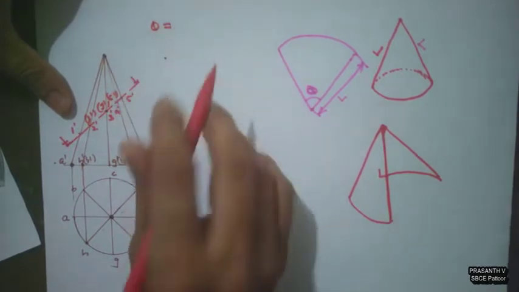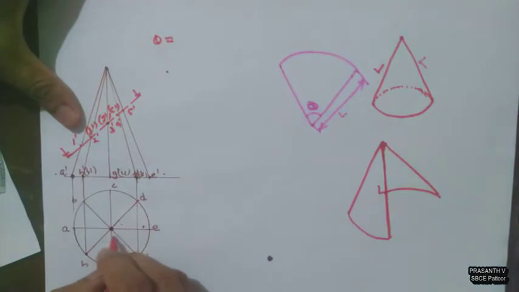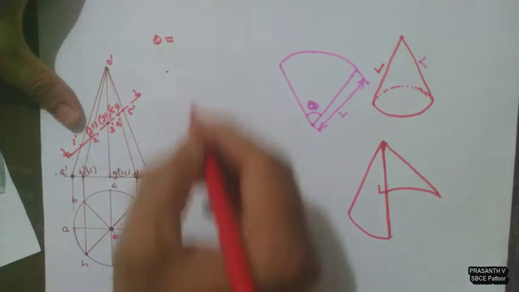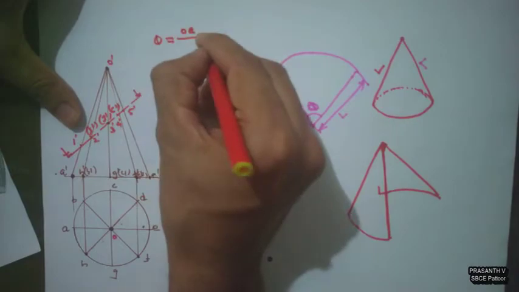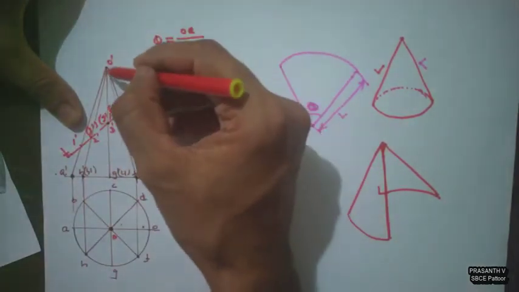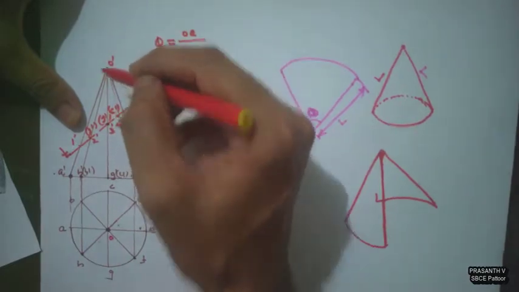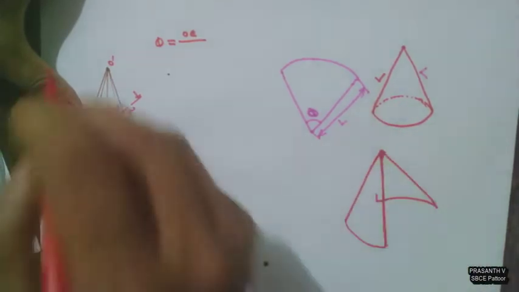Theta equals the radius of the circle OE. Here the radius of the circle is 25 mm. I am writing OE, that is the radius of the circle in top view, divided by the length of the end generator, which will serve as the radius of the arc sector.